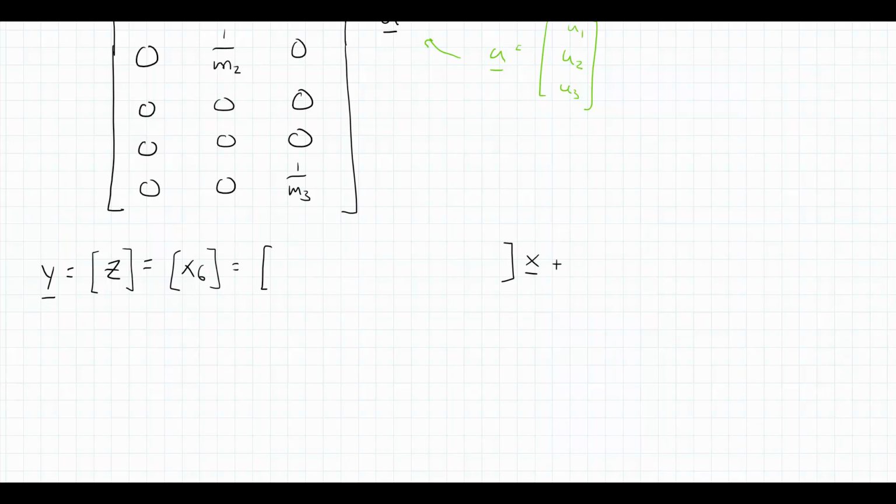Plus D is going to be the number of observables, 1, by the number of columns, which is the number of inputs we have, 3. So let me mark that. C, we know, is 1 row by 7 columns, and D is going to be 1 by 3.